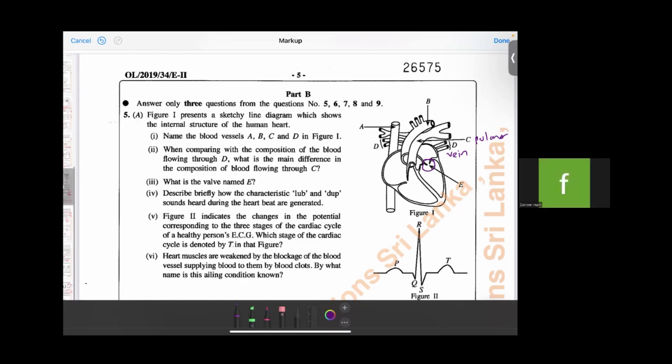Yeah, exactly. Okay, next, the graph indicates the changes in the potential corresponding to the ECG. Which stage of the cardiac cycle is denoted by T? Intervening. Yes, it's intervening. Good.